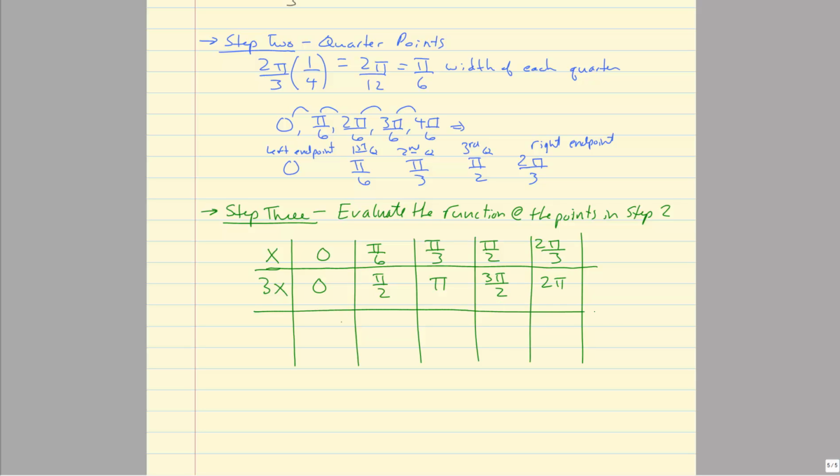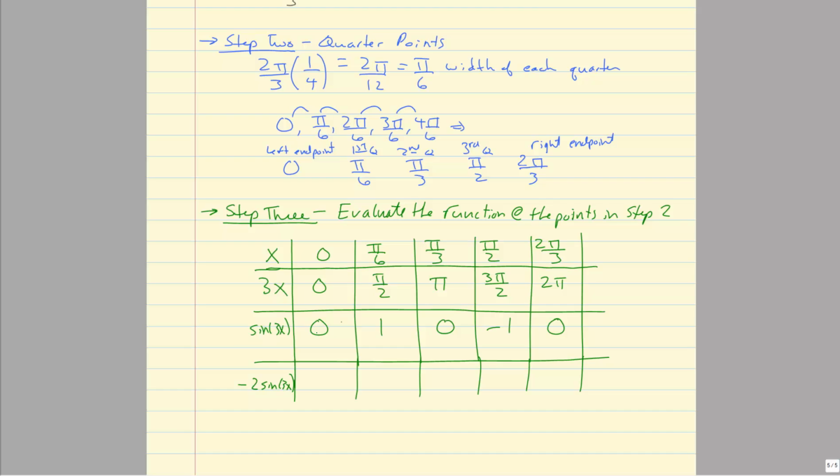So there's 3x. Now I want to know what the sine of 3x is. So what's the sine of 0? It's 0. The sine of pi over 2 is 1. The sine of pi is 0. The sine of 3 pi over 2 is -1. And the sine of 2 pi is 0. So see how nicely this helps us keep track of that. Now next we need it to have a -2 times the sine of 3x.